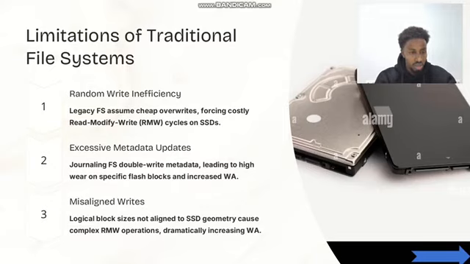So what is a random write inefficiency? This part explains that traditional file systems assume writing data is simple and inexpensive, which was true for HDDs. But SSDs cannot overwrite directly, and instead they must perform read-modify-write.